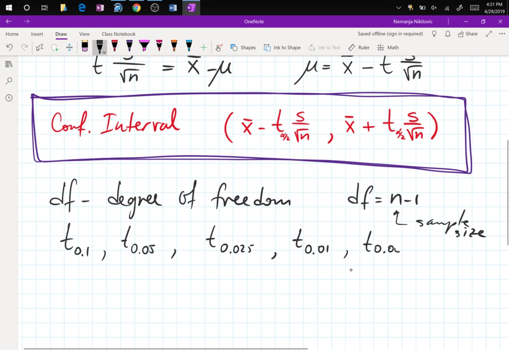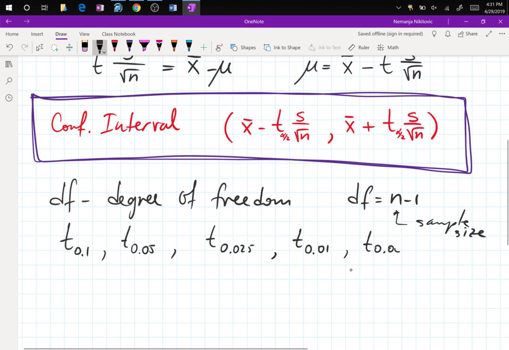So alpha is your confidence level, and that's some percentage. For example, 90% confident means alpha equals 0.90.